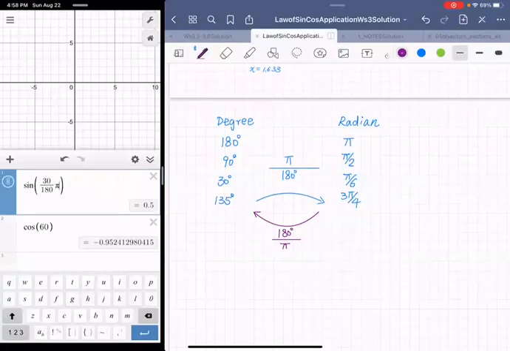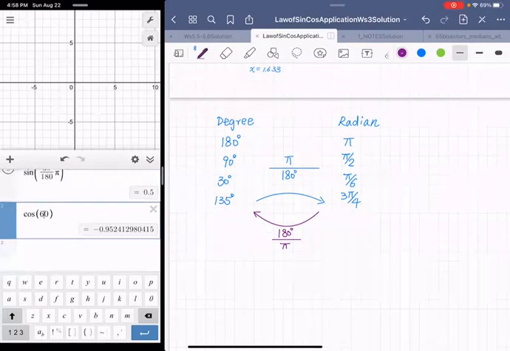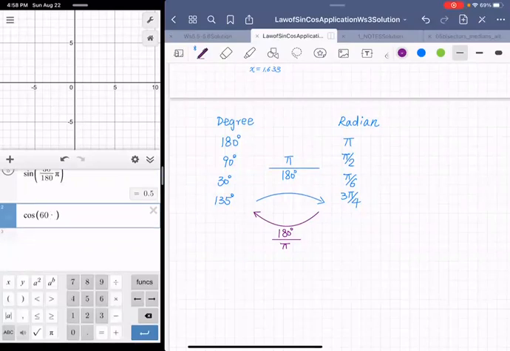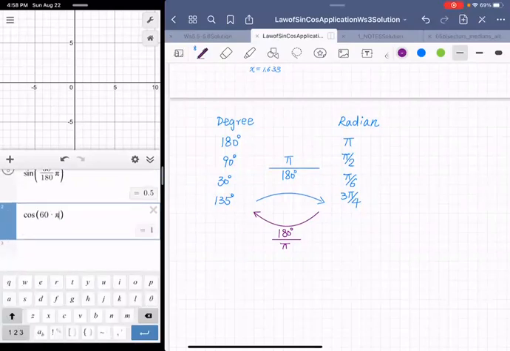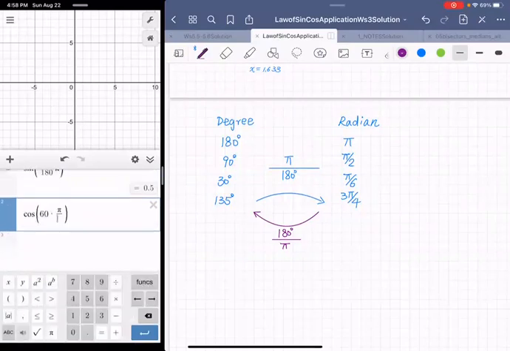There you go. This fixes the problem. Sine 30 degree is sine pi over 6. That's 0.5. Same thing for here. You are going to times by pi and then divide it by 180. All right? That's what's going on. Make sense now?